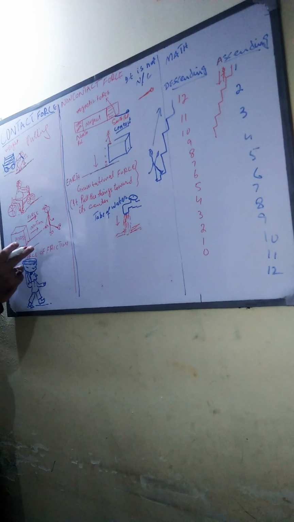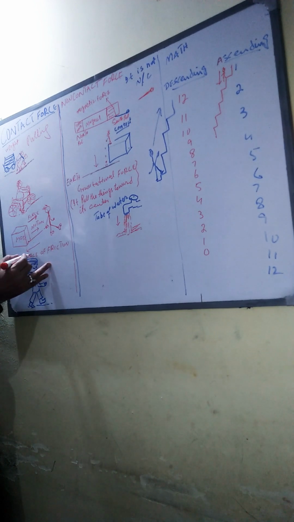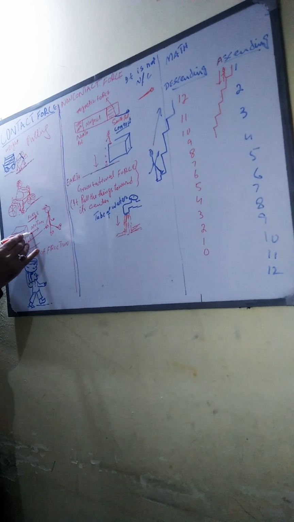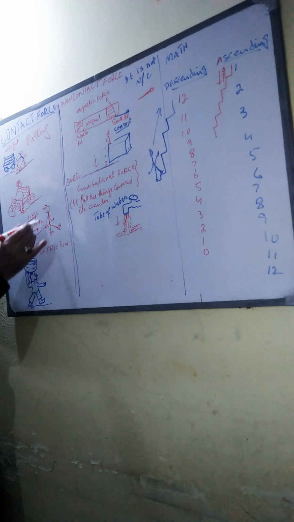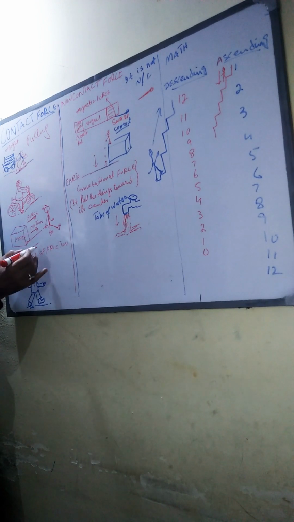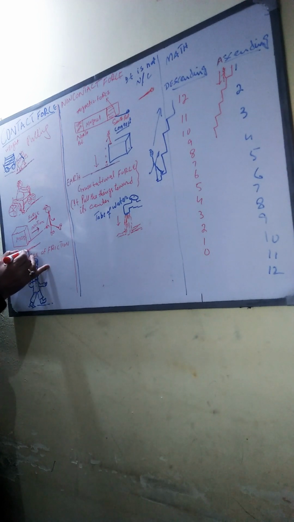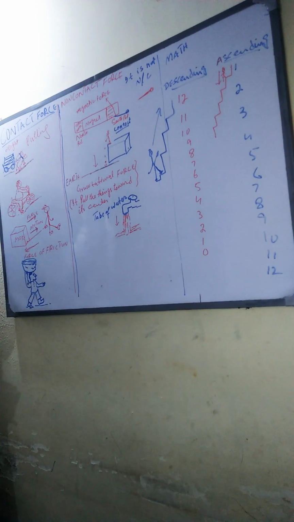Then another force is created, called the force of friction. The direction of the applied force is toward the motion, but the direction of the friction force will be opposite to the motion of the body.